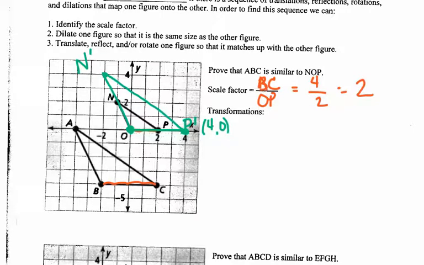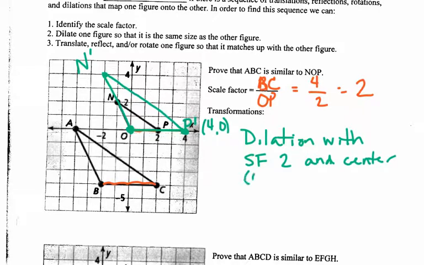And now what I need to do is figure out how I can transform N prime, O prime, P prime onto ABC. So I can see that it is a translation. The first transformation I did was a dilation with a scale factor of 2 and center (0, 0).